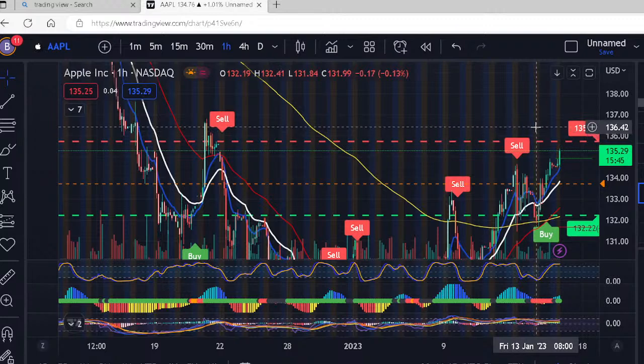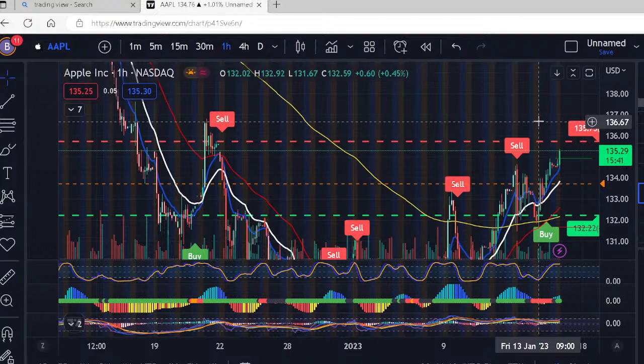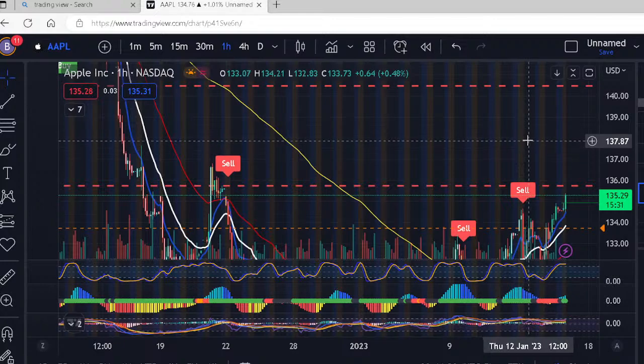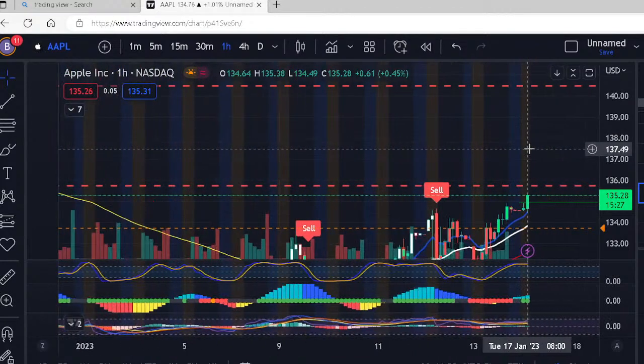My first price target would be right here, 136.67. My next price target would be right here at 137.30. I'm sorry, guys, if I'm moving fast. And then my last price target would be right here at 137.68.